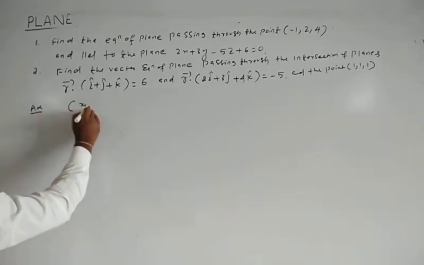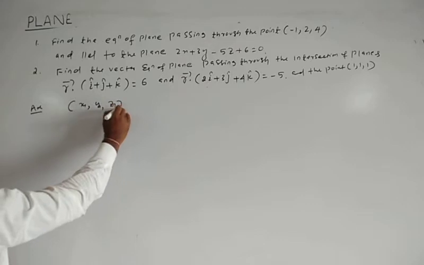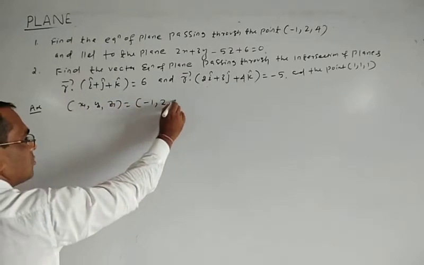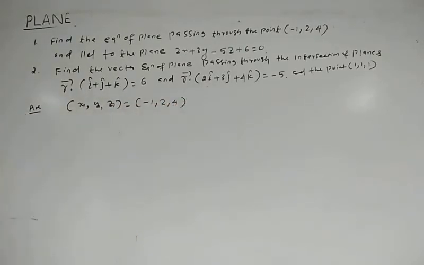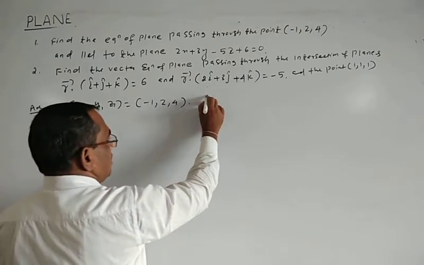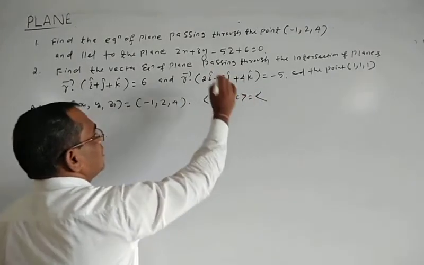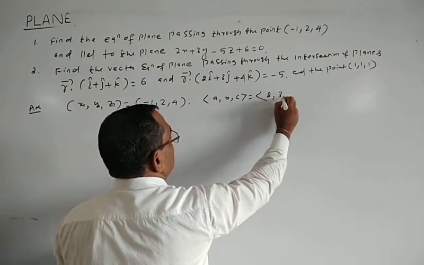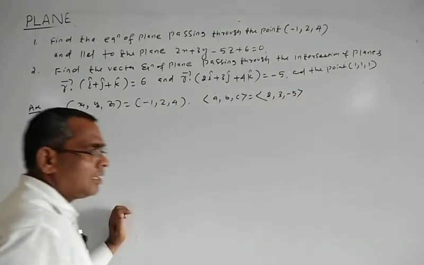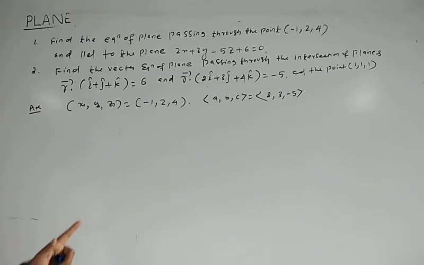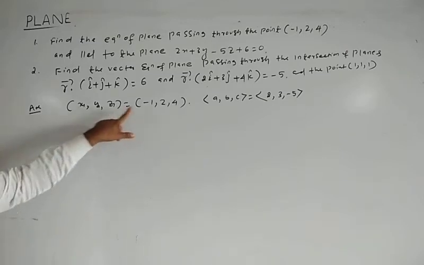We write this is x1, y1, z1 is equal to -1, 2, 4 and direction ratio a, b, c is equal to 2, 3, -5. This will be the direction ratio of the required plane and this is the point on the plane.